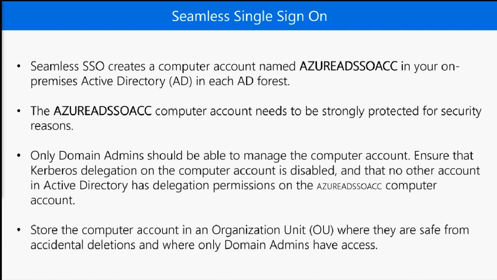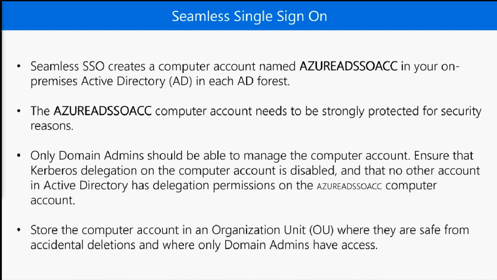I want to note a couple of things. Seamless single sign-on creates a computer account named Azure AD SSO ACC in your on-prem AD in each forest. That computer account needs to be strongly protected for security reasons. Only domain admins should be able to manage that account, and you need to make sure that Kerberos delegation on that account is disabled and that no other account in AD has delegation permissions to that computer object.